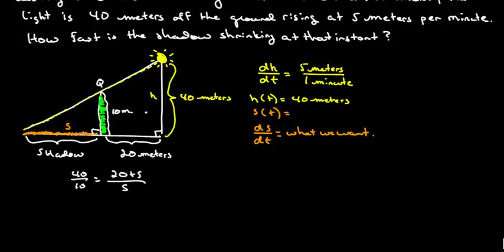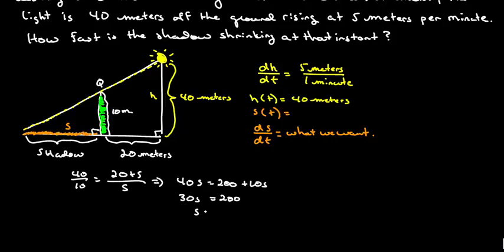Now, what we can do here is solve this guy, and we can find the length of the shadow at a height of 40. So this should be solvable. So we've got 40S is equal to 200 plus 10S. So if we subtract 10S from both sides, we have 30S is equal to 200. Now this is in meters, okay?